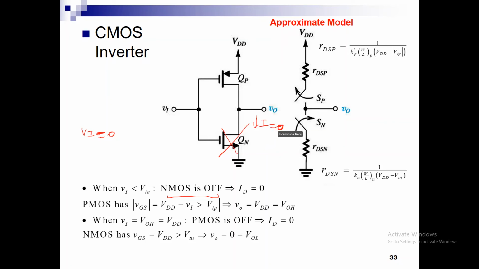And we expect that the PMOS is going to pull up the output all the way to VDD. As soon as the current becomes 0 in the branch between VDD and ground, the device that is on, which is the PMOS in this case, will pull the output to its side.